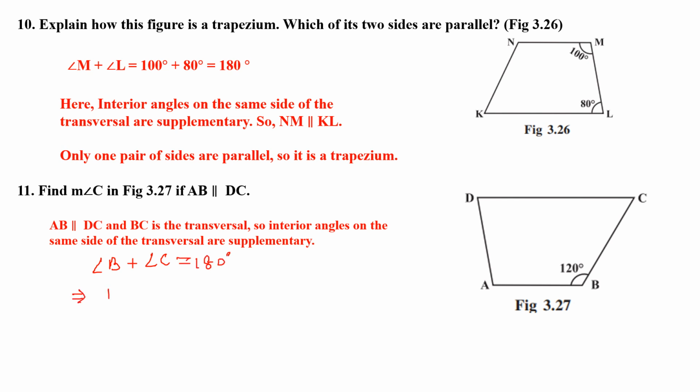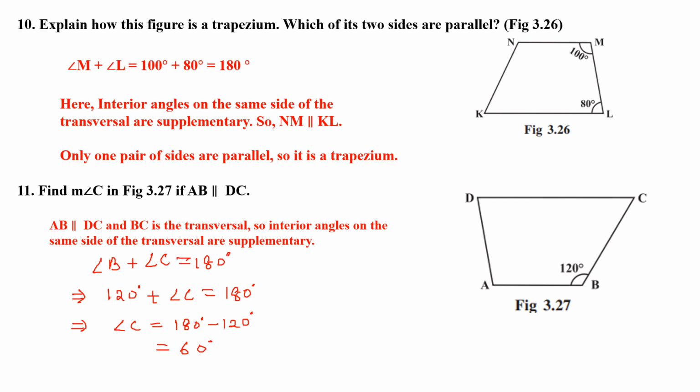Angle B is already given as 120 degrees. So 120 degrees plus angle C is 180, and angle C will be 180 degrees minus 120. So I get my answer as 60 degrees. So the measure of angle C is 60 degrees.